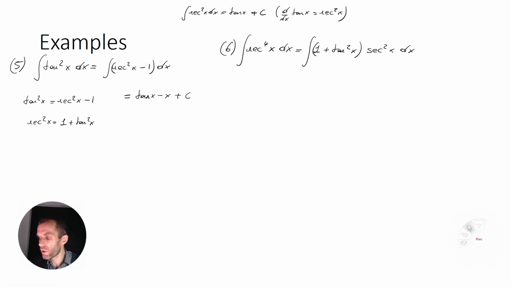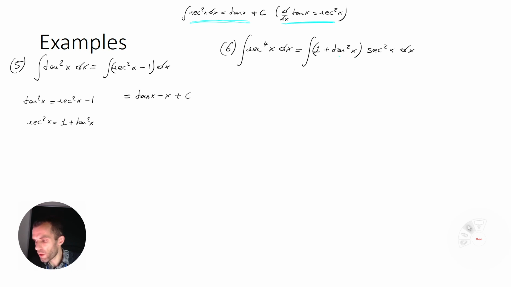So here the reason why we write it like this with tans and secants is because we know that there's a relation between secant and tan. So by writing it like this, we hope that we can make a judicious substitution and then have everything work out just right.